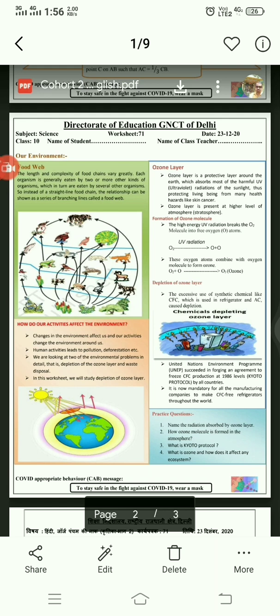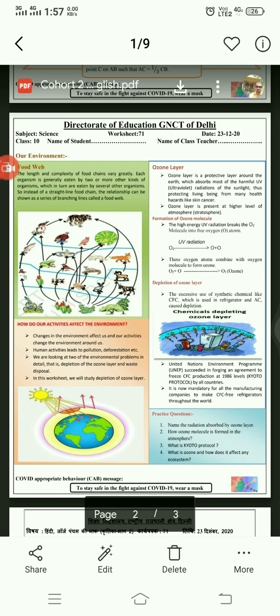Some chemicals like CFC, chlorofluorocarbons, which were used in refrigerators and ACs, release chlorine free radicals, and the chlorine free radicals combine with the nascent oxygen and they block the reaction which is helpful to form ozone.